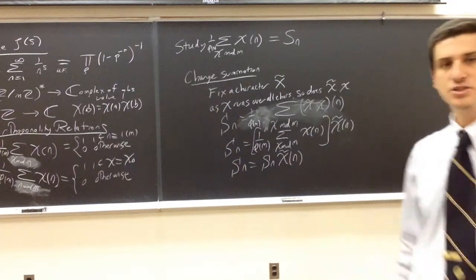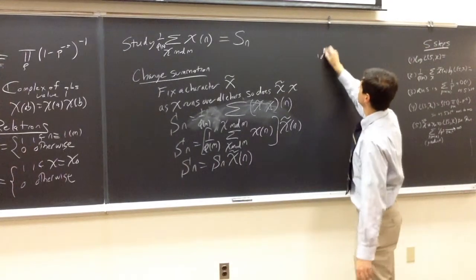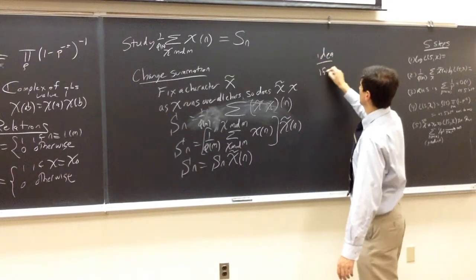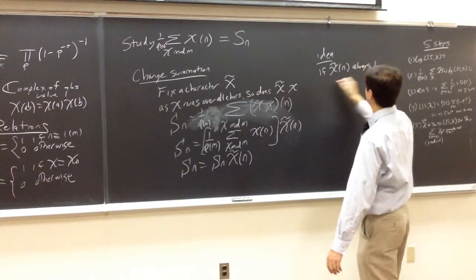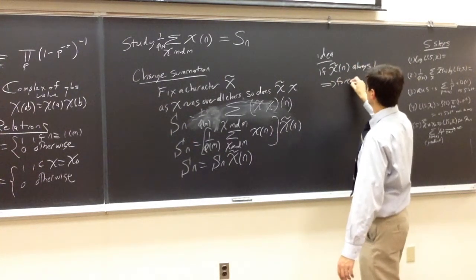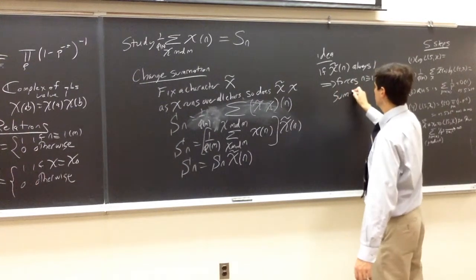But if n does not equal 1, I can find a character. So the idea is if chi tilde of n is always 1, it forces n to be congruent to 1 mod m. The sum is easy.